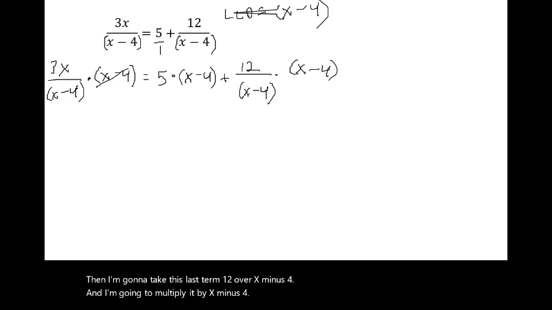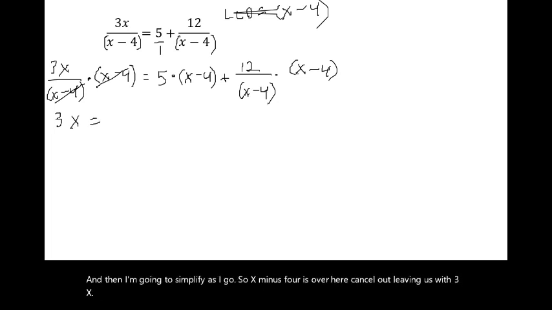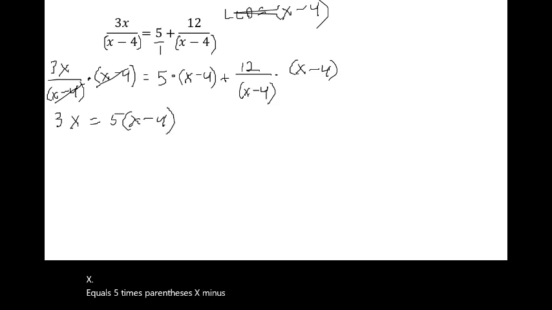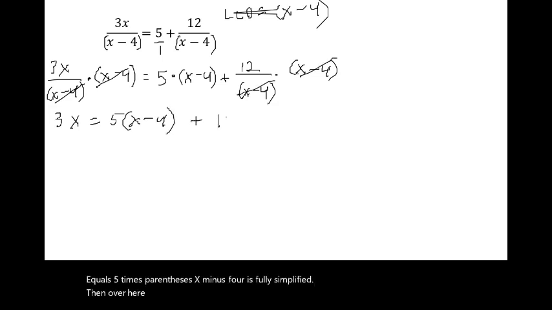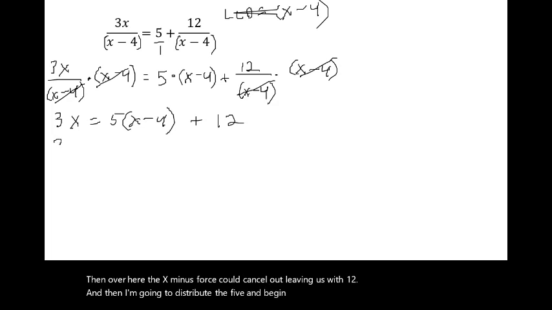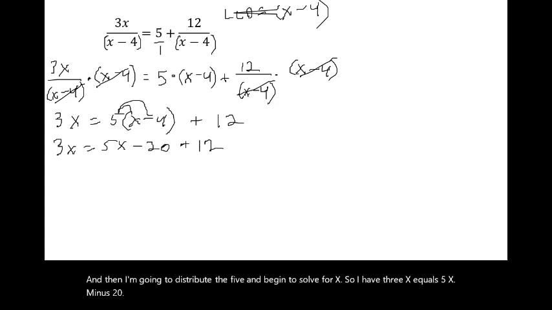So x minus 4's over here cancel out, leaving us with 3x equals 5 times parentheses x minus 4, which is fully simplified. Then over here, the x minus 4's can cancel out, leaving us with 12. And then I'm going to distribute the 5 and begin to solve for x. So I have 3x equals 5x minus 20 plus 12.